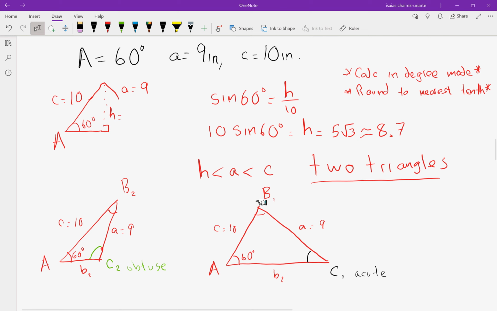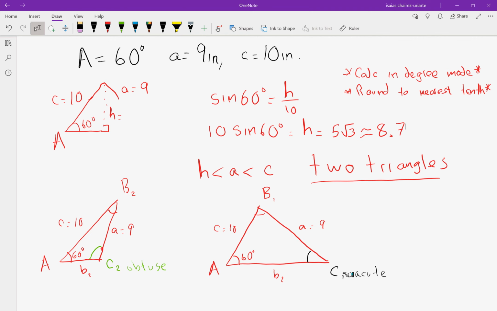The other possible triangle that could come out of this is, well, we have angle A, 60 degrees, its side opposite is 9, this side length is C, and then we have this other possible angle, which I'm calling C1, and notice that this C1 is acute. And remember, there's a relation between C2 and C1. They're supposed to be supplementary. If you add them, the sum should be 180 degrees.